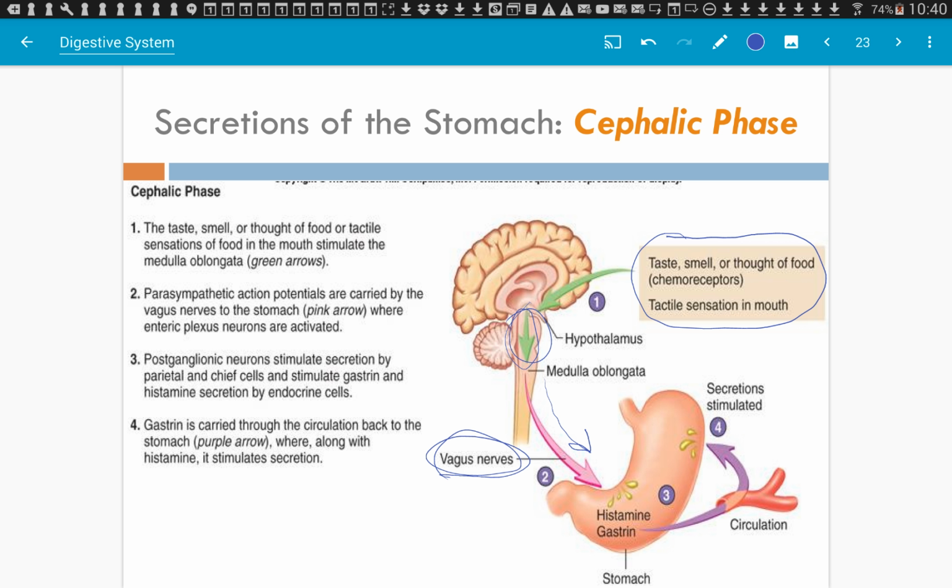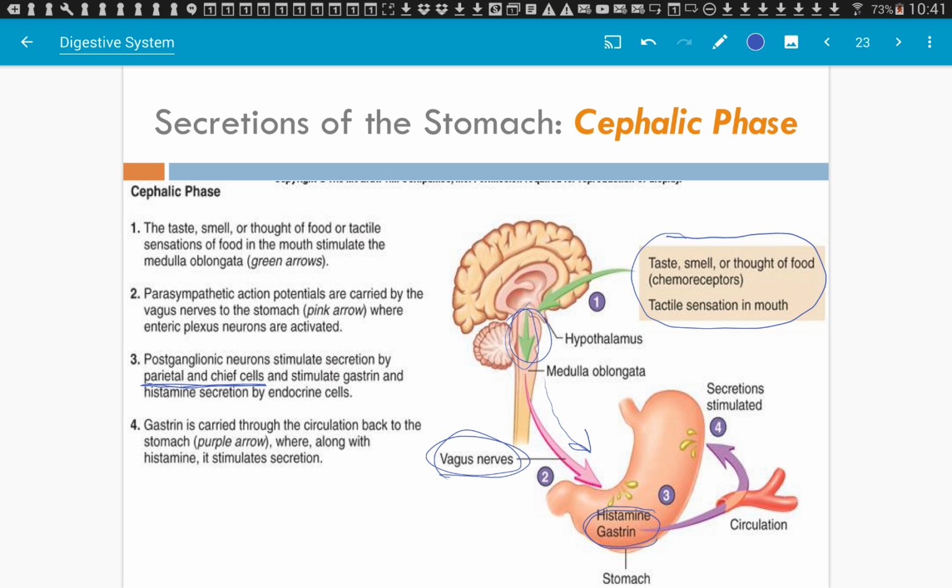Well, it triggers, right here, parietal and chief cells to secrete histamine and gastrin in the stomach. So information goes to the medulla oblongata, sends information down the vagus nerves, tells the stomach, time to release histamine and gastrin.